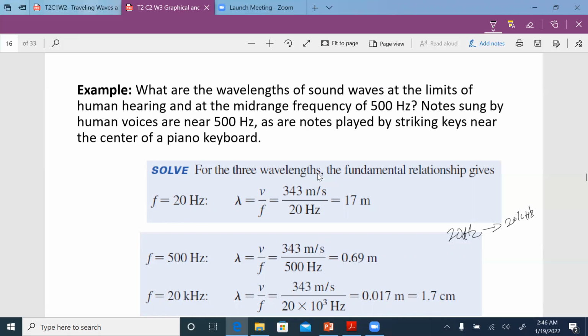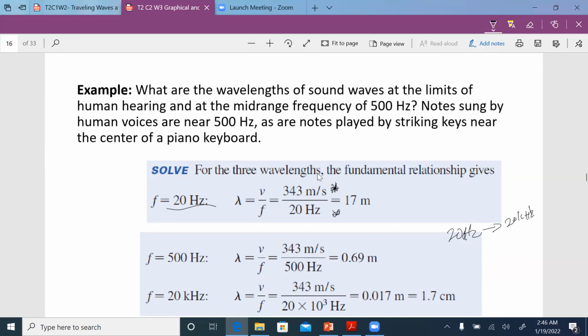To solve this, for the wavelengths, the fundamental relationship for wave speed, frequency and wavelength is V equal to lambda F. If we solve for the least using this relationship, remember we said this at room temperature previously. It's not given in the question, but if we're asked to solve such, we will supply the constant as well.